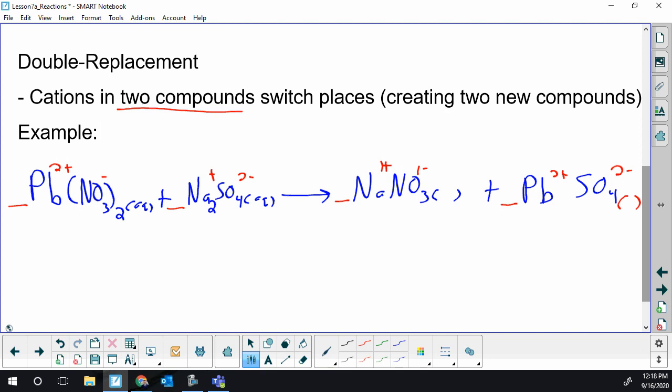Over here, once you do the double replacement, you need to predict what the states will be in water, since it's still in water. So hopefully somebody can help me. If you have your periodic table, flip it to the back. You've got this big solubility table, and find nitrate.